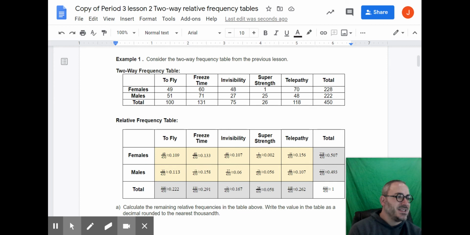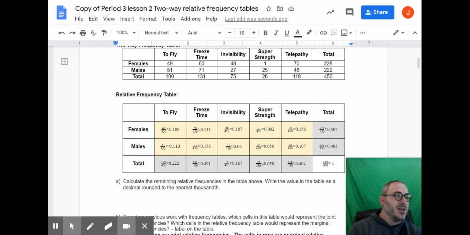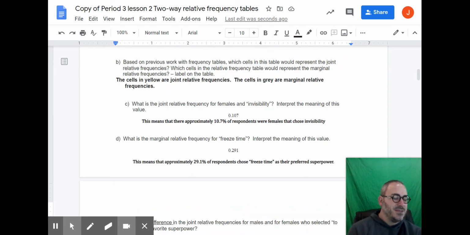Freeze time came in as a close second for females, and a few more males wanted to fly over telepathy. So for males, fly and telepathy were close second to freeze time. But okay, so there was a slight difference, I'd say, right? Most males wanted to freeze time. Most girls wanted telepathy. That's maybe how I would just say that.